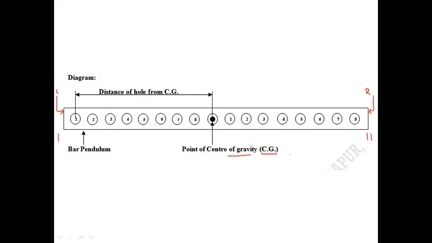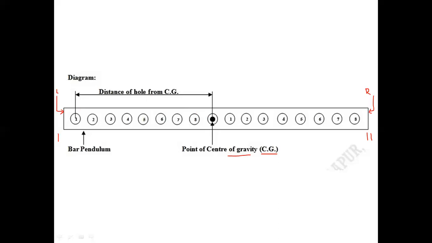You know very well the definition of CG, that it is the point at which the whole weight of the body is supposed to be concentrated. Now here you have to measure the distance of the hole from CG.